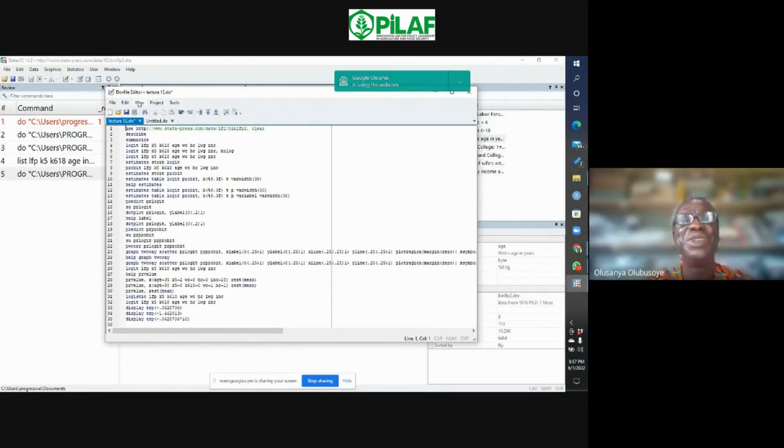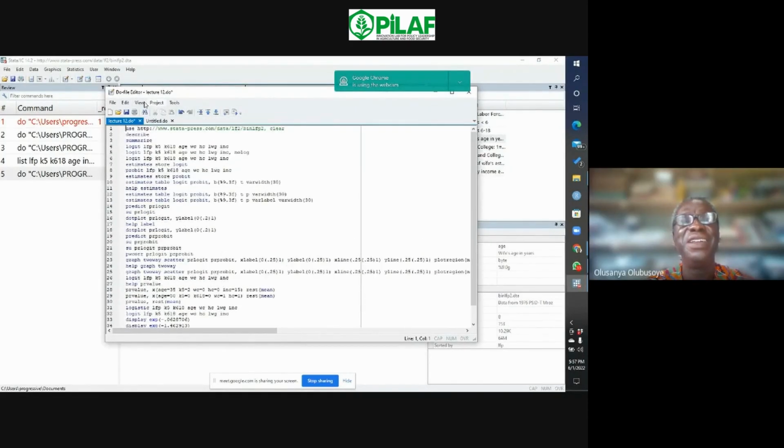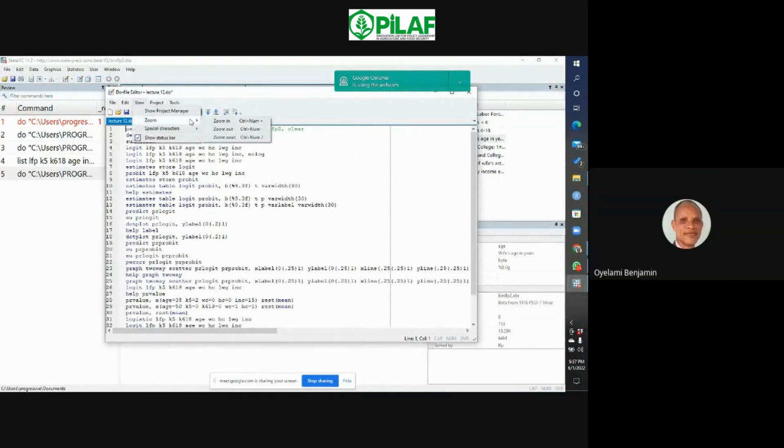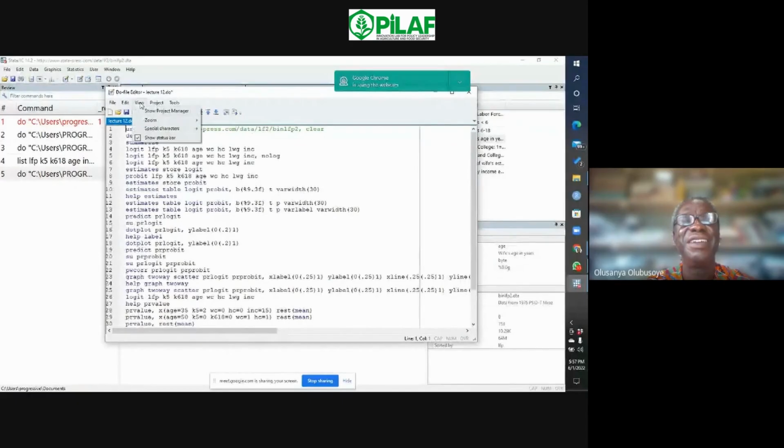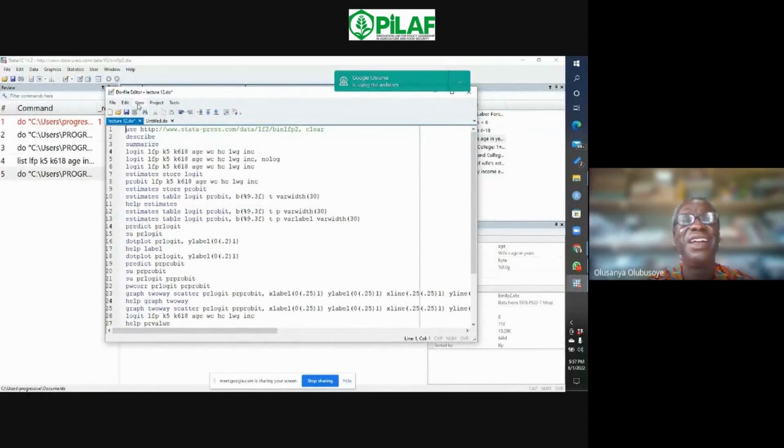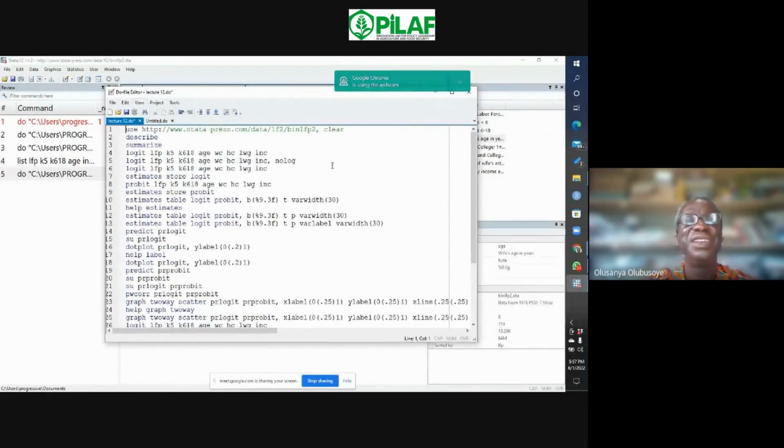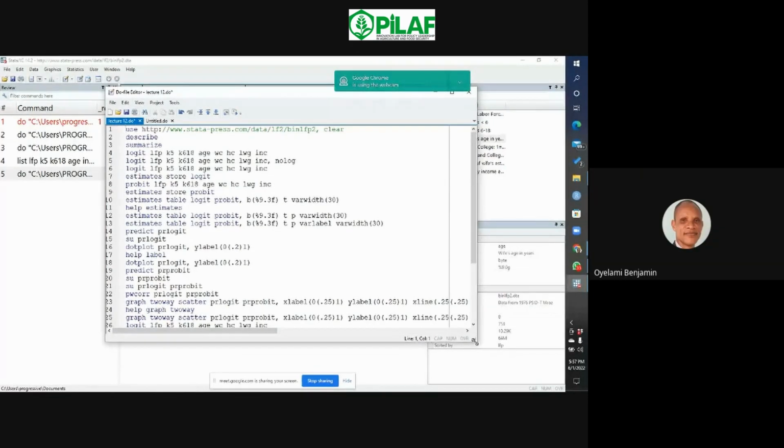I'm trying to zoom in now. Is it getting better? Yes, Prof, it's getting better. Good. I think it can be better than this. It's clearer. Okay, now.